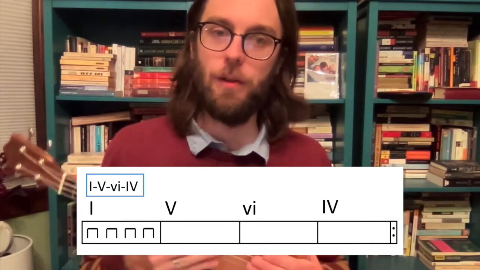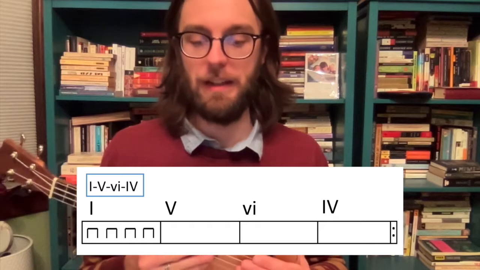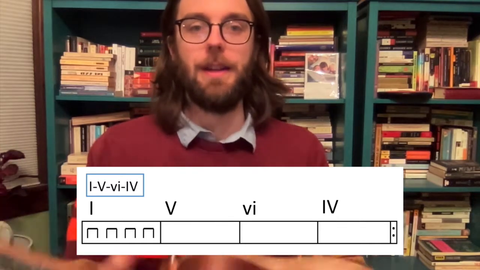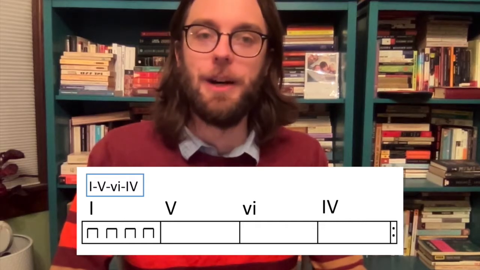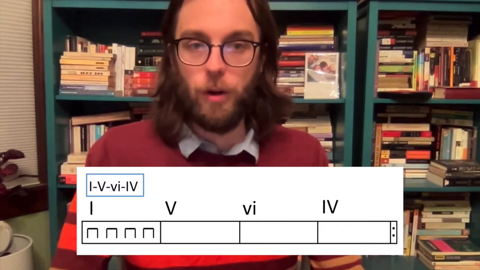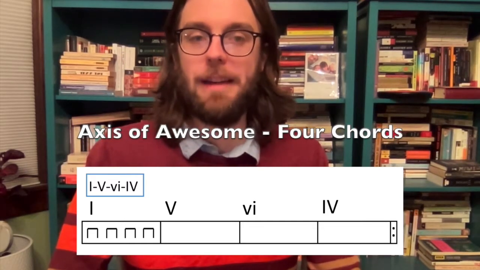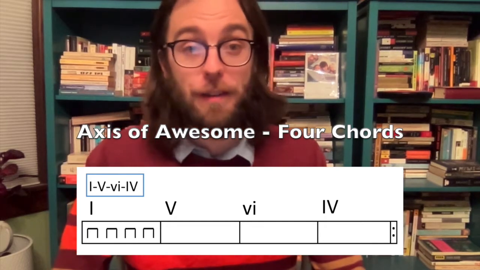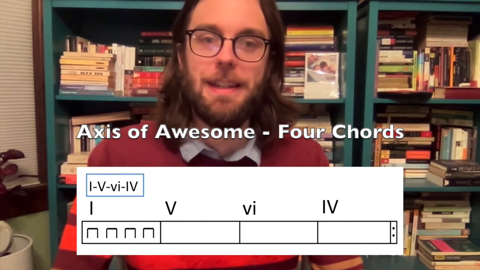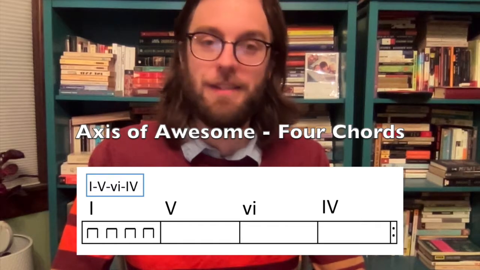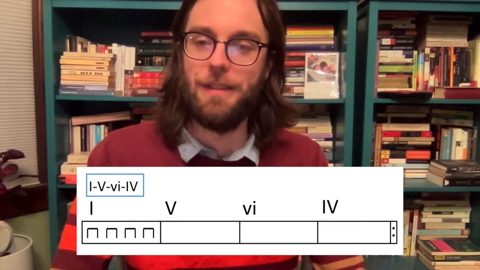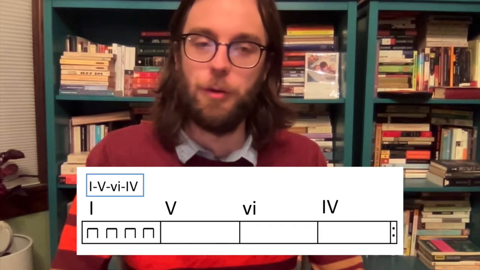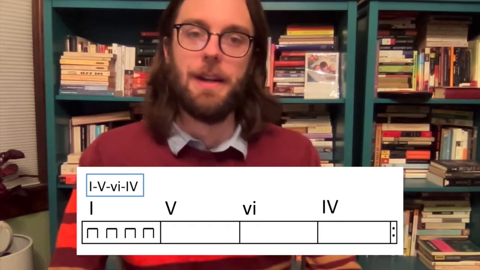But you can hear how it's really popular in current music if you listen to the group Axis of Awesome. They did a YouTube video called 4 Chords. If you look up Axis of Awesome 4 Chords, you can hear them do this silly medley that goes through tons of different popular songs using this chord progression.